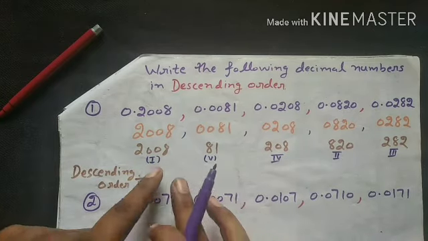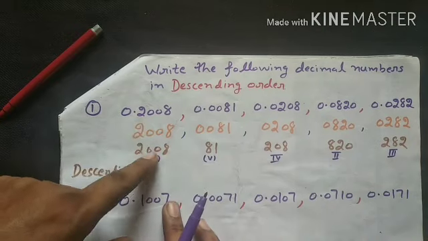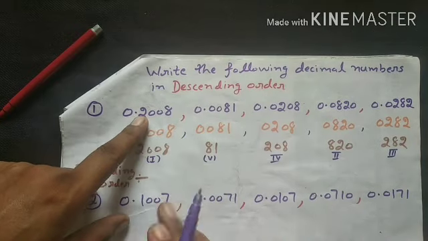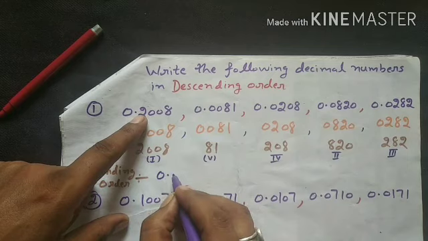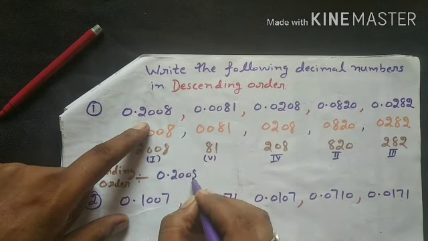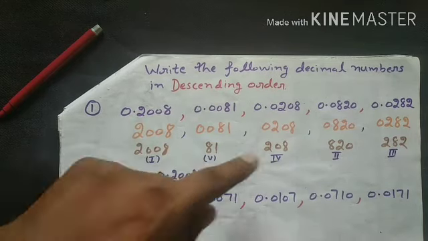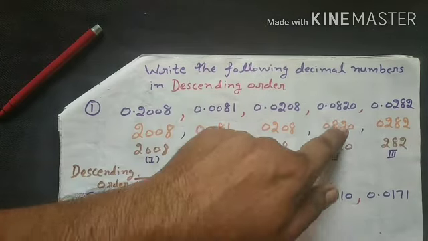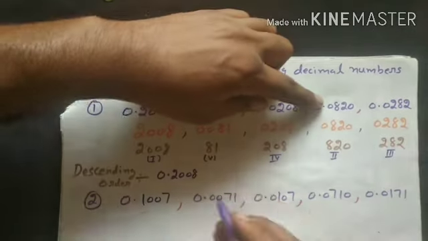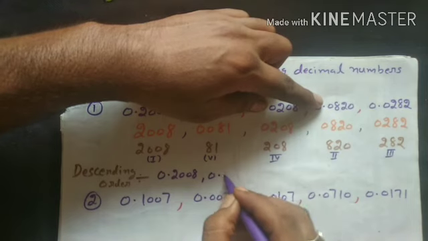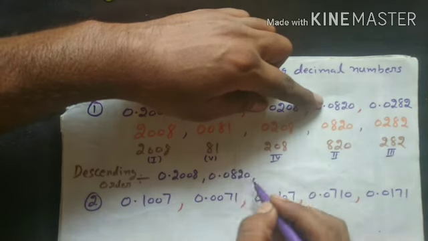Which one is at the first place? This one, 2008. And what is the required given form? 2.2008. Which one is the second? 820. So actually it was 0.0820.